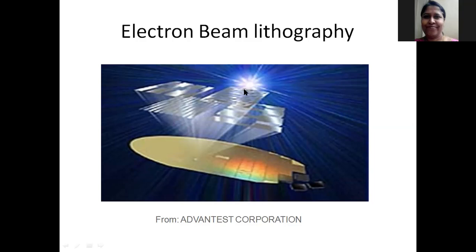This is the source of the electron beam made to fall through a mask onto the chip. The mask may be chromium coated glass which is baked to a certain temperature to have the mask pattern stored on it.